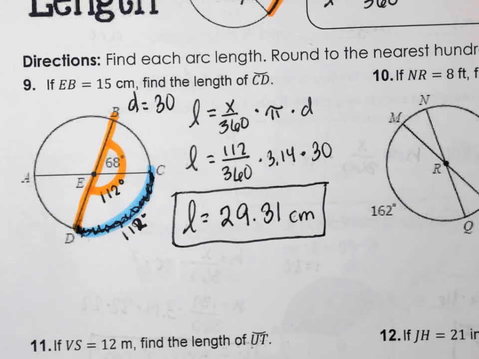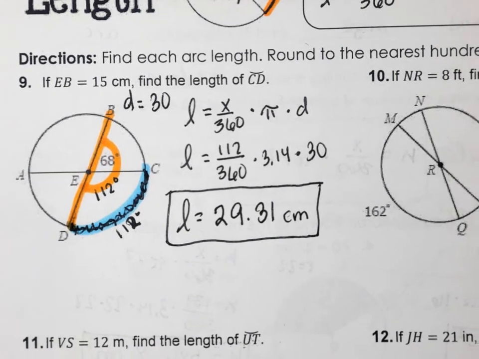She got 31. Alright, we should be good. That's the easy one. Let's move on.